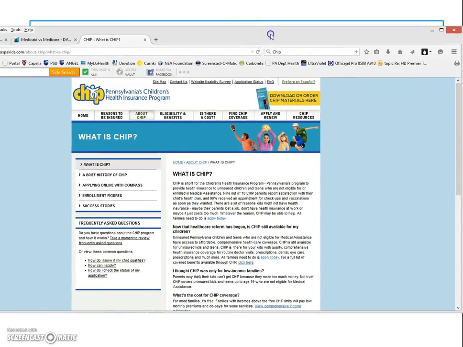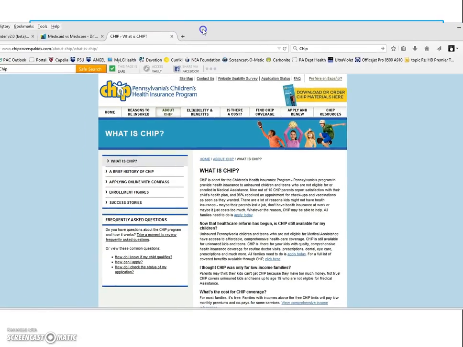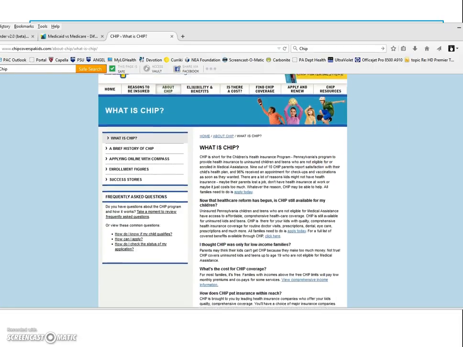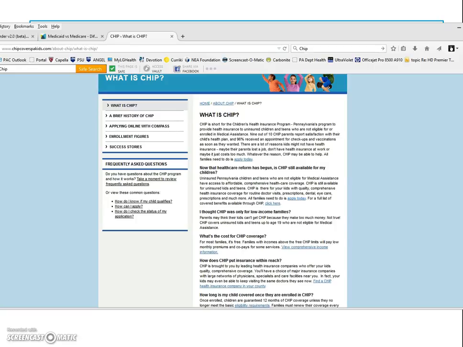So here we have another website to show you a little information. The website is www.chipcoverspakids.com, and here's some of the information on the CHIP program. So what is the program? It's short for Children's Health Insurance Program.